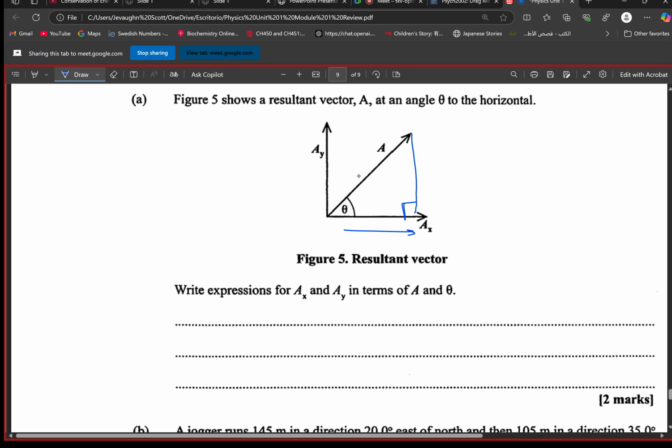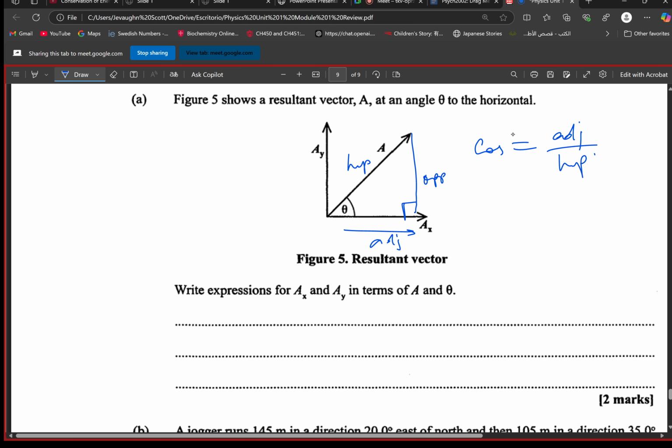So theta is here. That means that this is the hypotenuse, this is the opposite, and this is the adjacent side. So what could we use to determine the length of the adjacent? We could just say cos theta is equal to the adjacent over the hypotenuse.